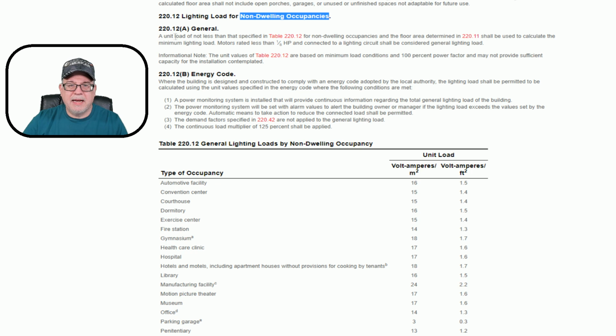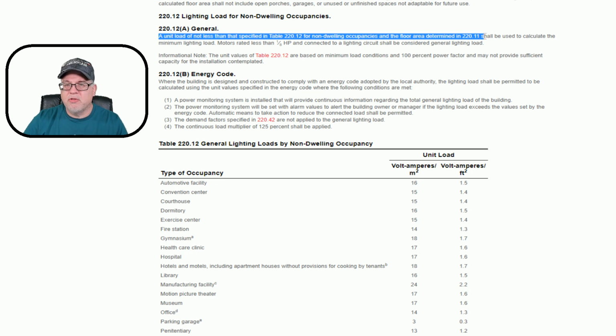Now, a unit load of not less than that specified in 220.12 for non-dwelling occupancies and the floor area determined in 220.11 shall be used to calculate the minimum lighting load. Okay, that's the part we want to stop at.